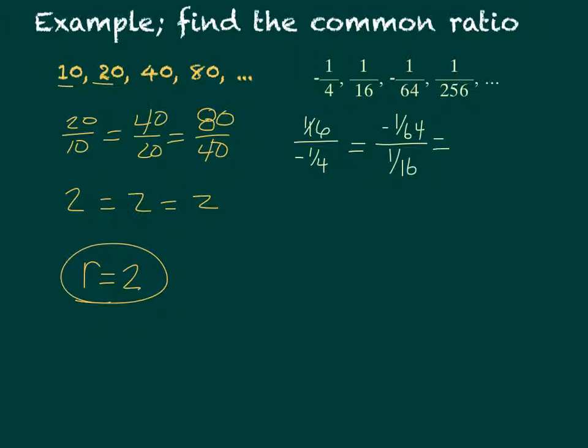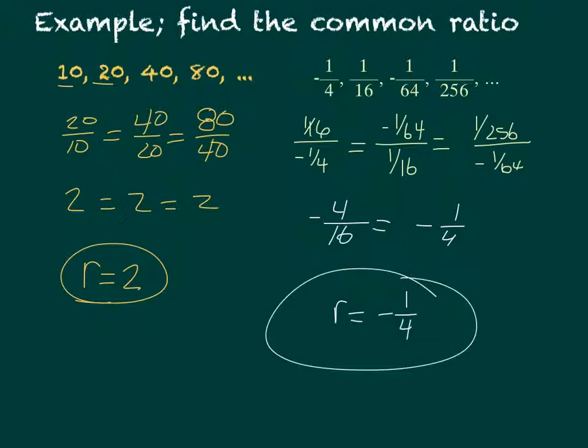And does that equal 1 over 256 over negative 1 over 64? So if you invert and multiply all of these, flip the bottom fraction and multiply straight across, you're going to get it simplified to negative 4 over 16, which is simplified further to negative 1 over 4. So that means that r is equal to negative 1/4, and they are all the same.